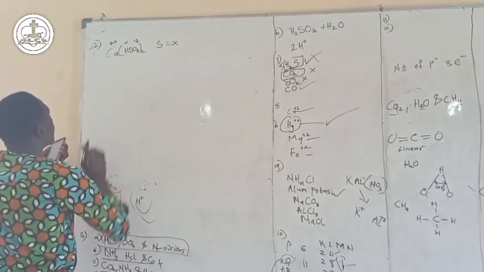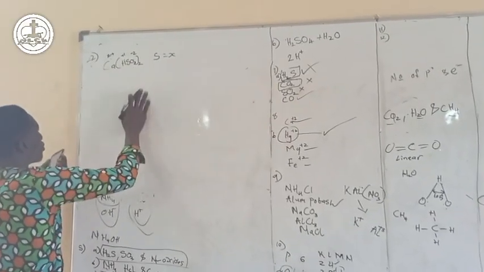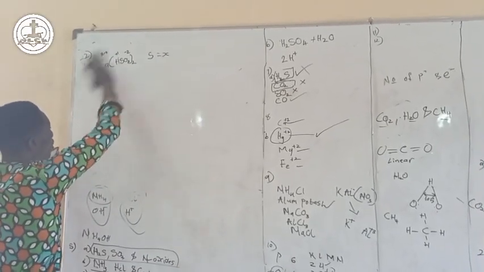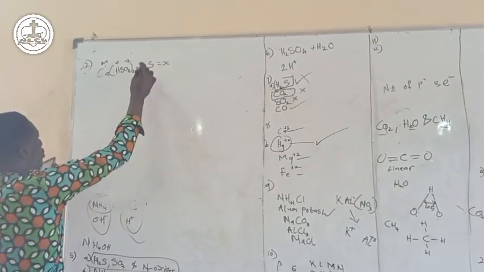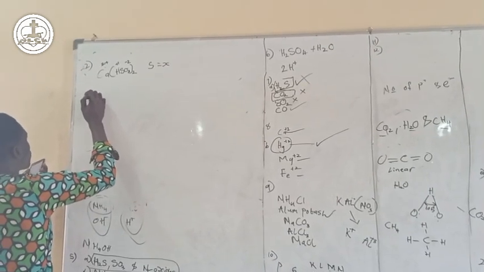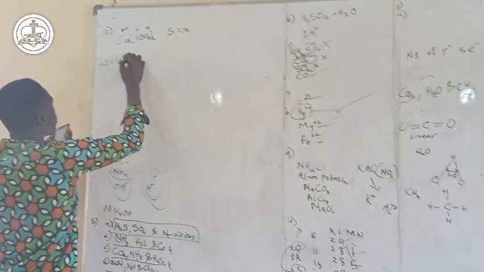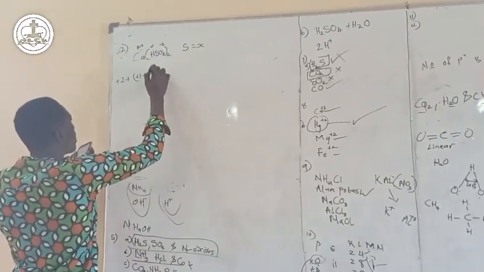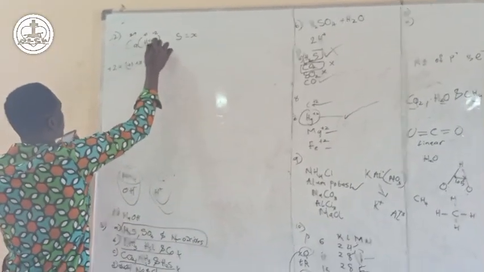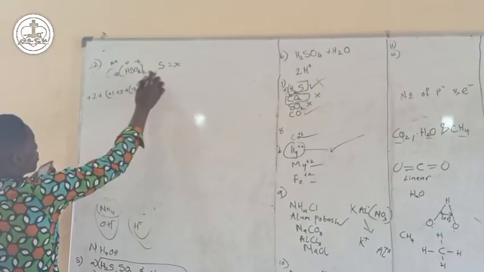We'll replace S with X and add all the oxidation numbers together: 2 for calcium, plus 2 times the bracket of plus 1 plus X, then plus minus 2 times 3 because of this 3, all multiplied by 2 because of this 2.